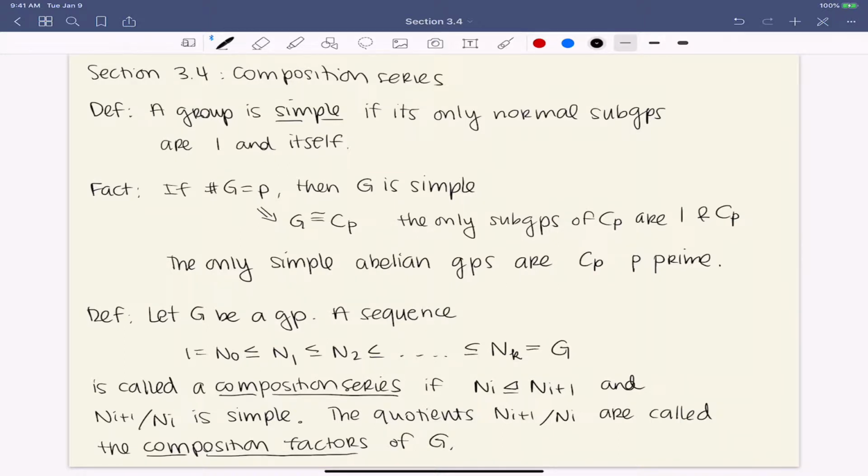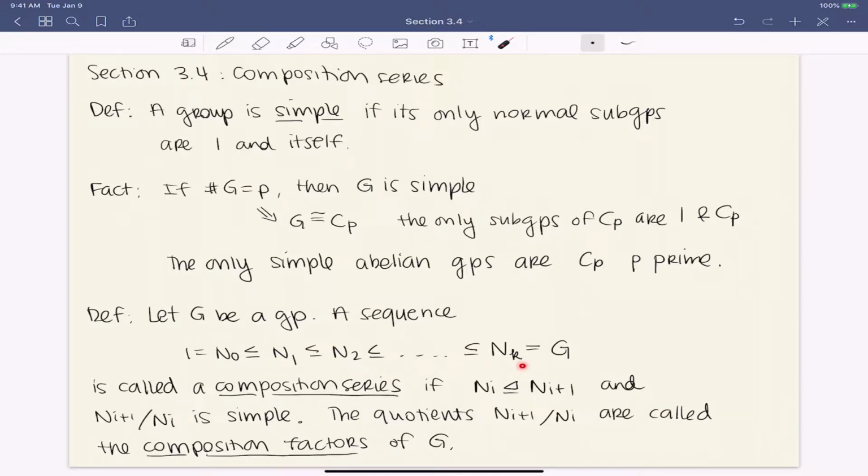A philosophical thing in group theory is to think of simple groups kind of as prime numbers, because they can't be broken up into a normal subgroup and the quotient. We'll talk a little bit about normal subgroups and quotients. But there's a philosophical reason to think of simple groups like prime numbers, in the sense that they're the building blocks for groups.